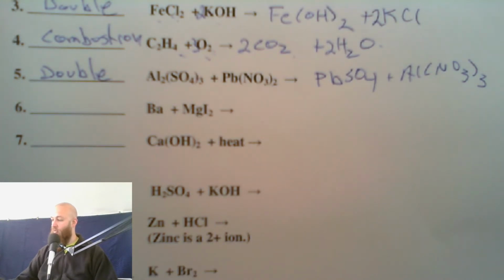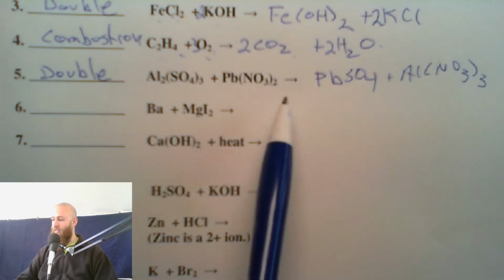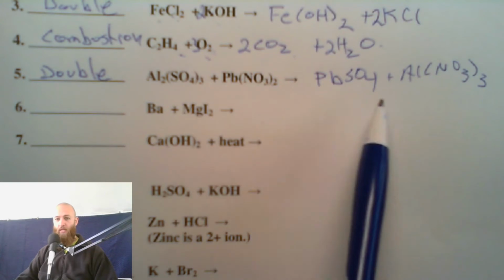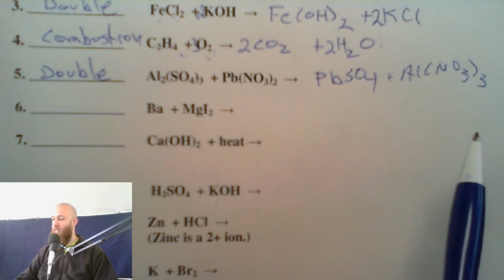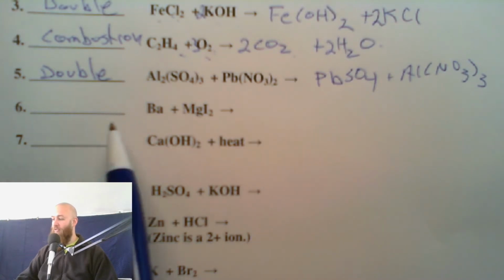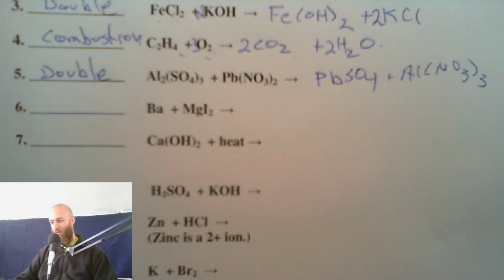So I'm going to look at nitrates first. Okay, thank you, Kaylin. So the nitrates I'm going to look at first because you see how I have 2 here, but then I have 3 over here? It makes sense to deal with them first, only because if I start dealing with other stuff, I might have to go back and adjust all the work I had already done when I finally get to nitrates.